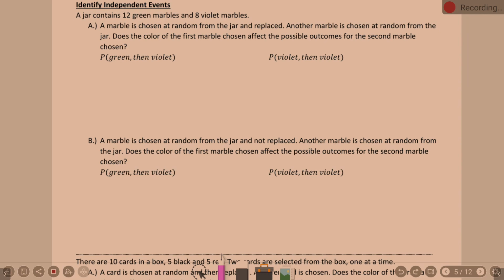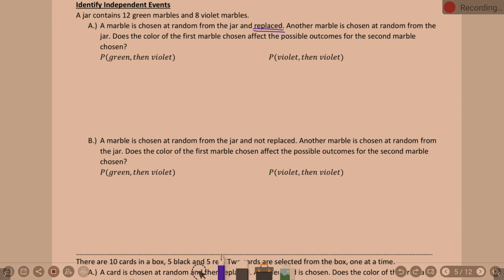So you have to read carefully, folks. Key wording here is a marble is chosen at random from the jar and replaced. So you draw a marble out, you put it back, and then you draw a second marble. Does the probability change then? No.